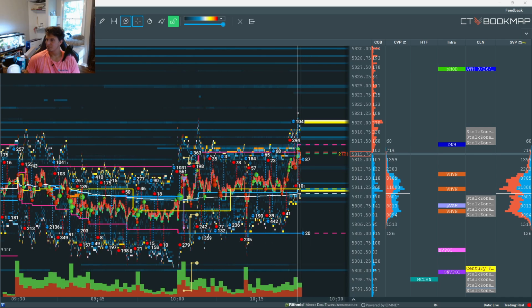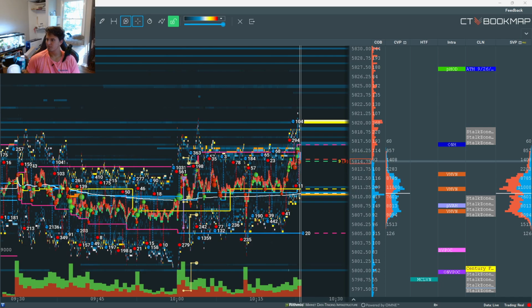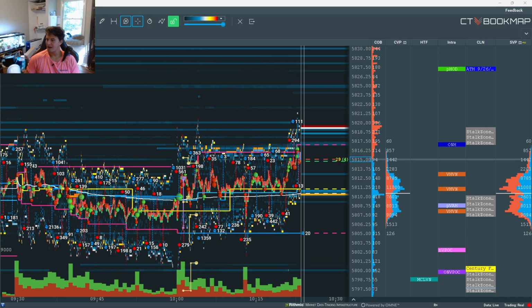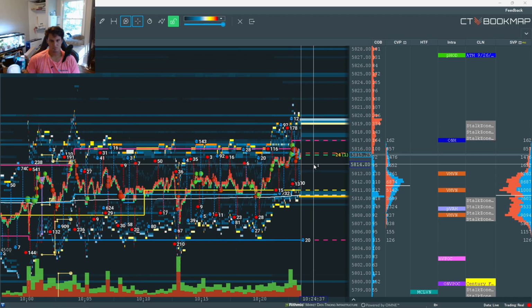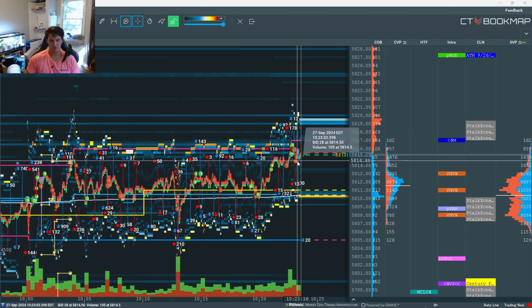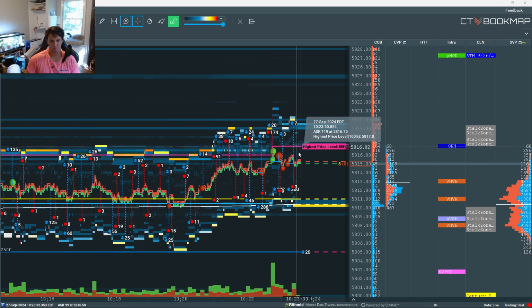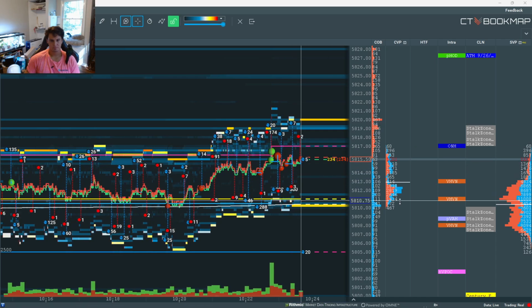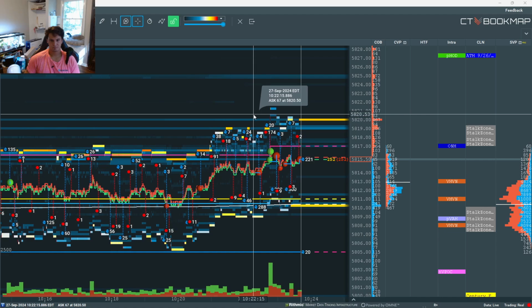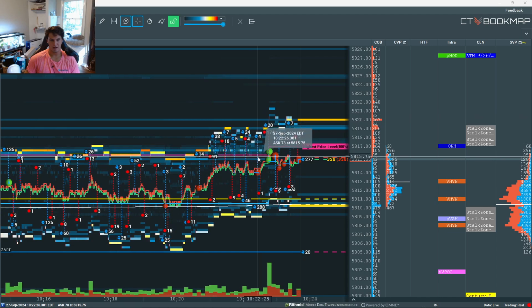So let's see. We just held that support at 14.5. See some sellers still trapped in here. Buy iceberg.